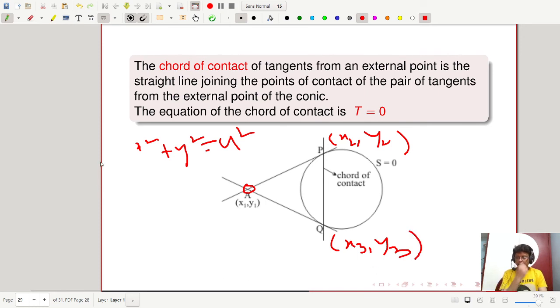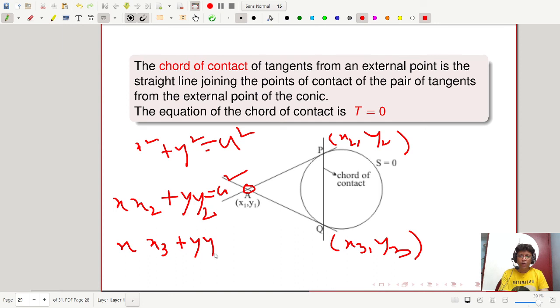The equation of the tangent at P is x x2 plus y y2 equal to a squared, right? And the equation of the tangent at Q will be x x3 plus y y3 equal to a squared, right?